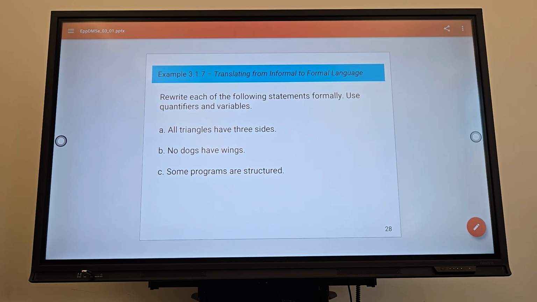And similarly for "no dogs have wings." Some programs are structured: there exists a P, a program, an element of the set of all programs, such that that program is structured.